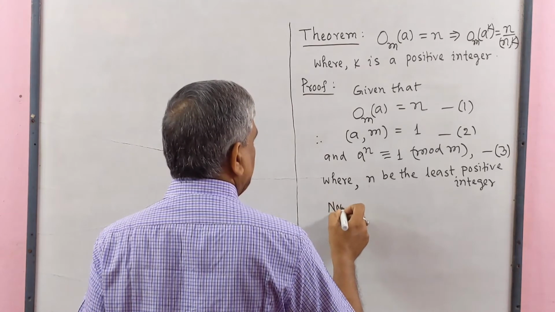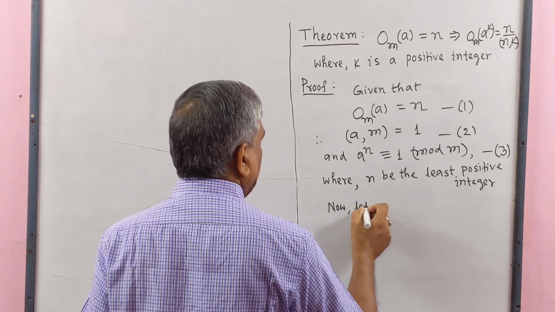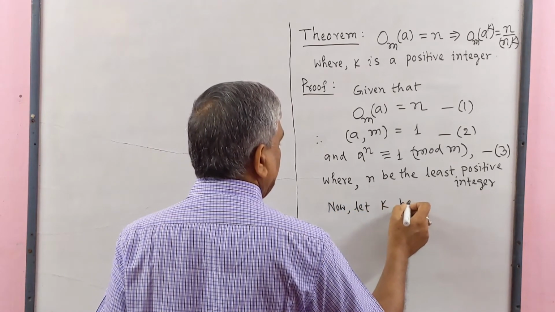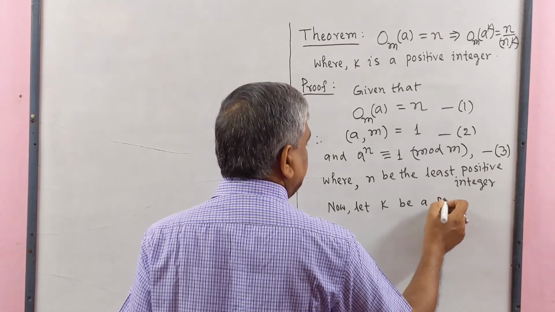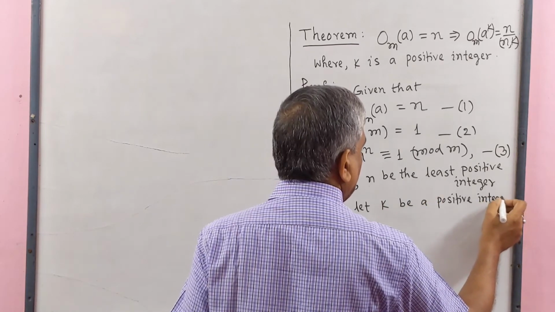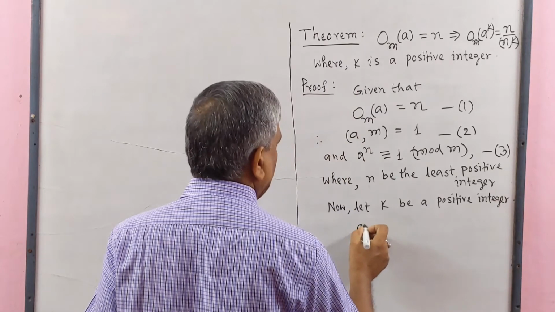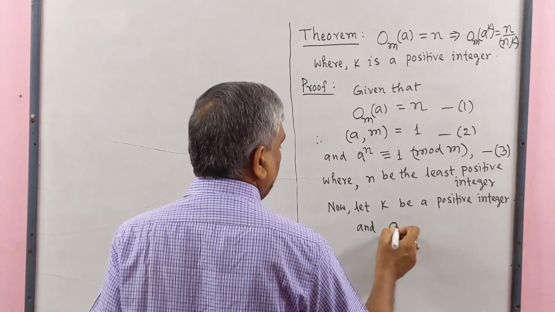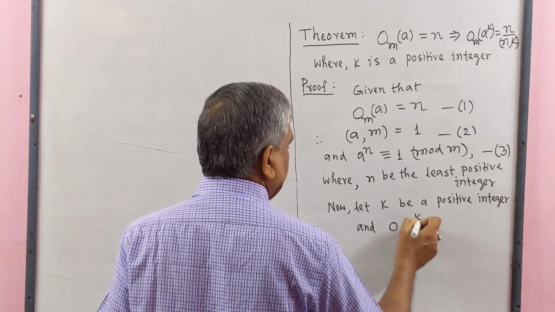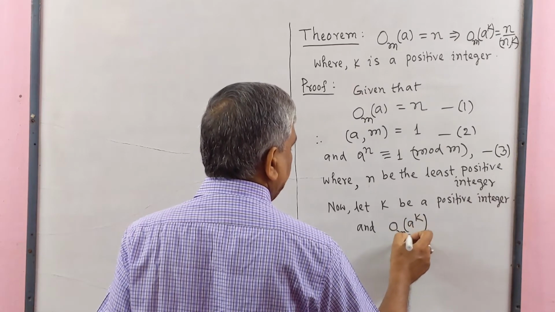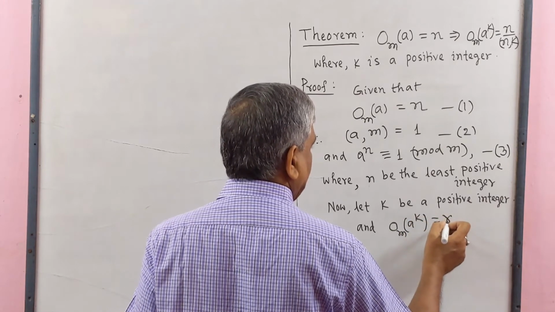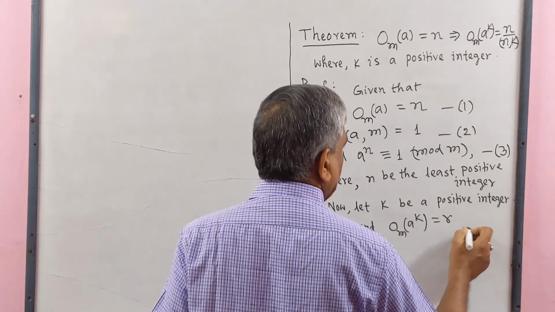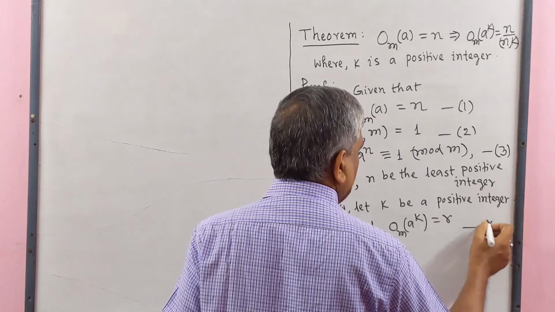Now let k be a positive integer and order of a to the power k modulo m equal to r. Let this is number 4.